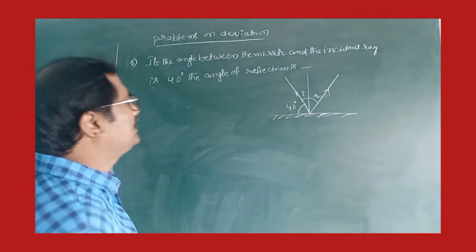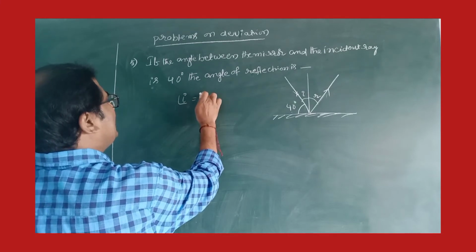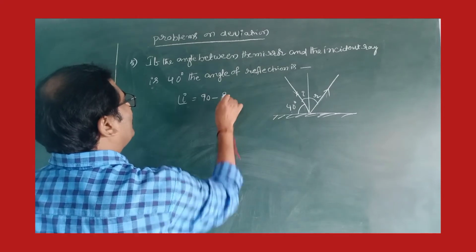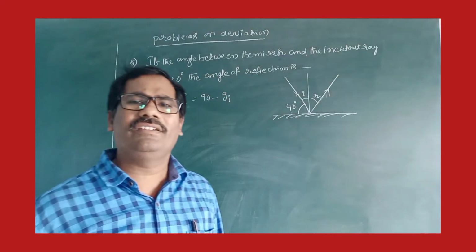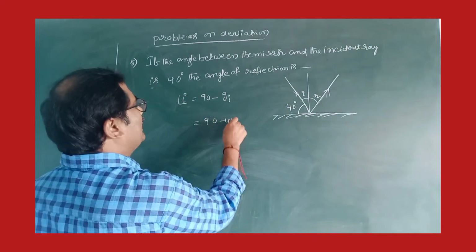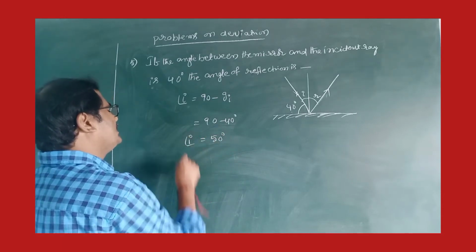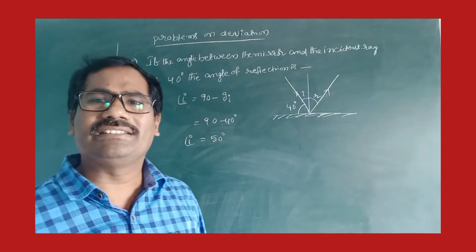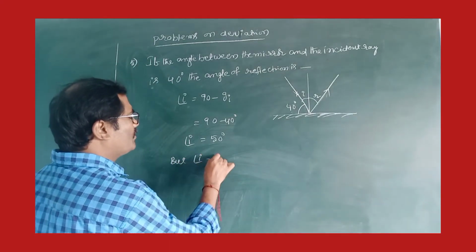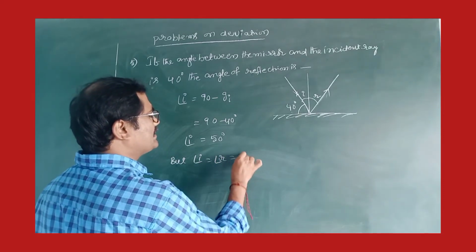That means angle i is equal to 90 minus the glancing angle of incidence. 90 minus 40 degrees is equal to 50 degrees, which is the angle of incidence. But the angle of reflection, that means angle i is equal to angle r. That is the first law of reflection. That means it is also 50 degrees.